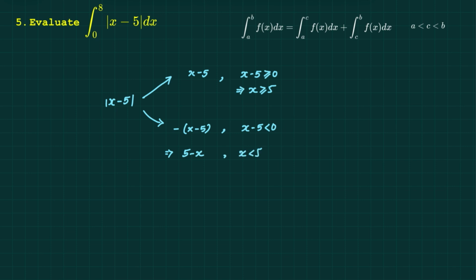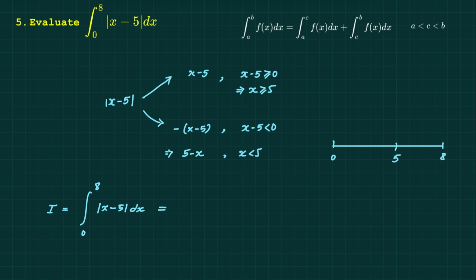Now since we have separated this modulus function into two parts and the breakpoint is 5 here, the integral I, that is from 0 to 8 modulus of x minus 5 dx, can be evaluated as follows. Since we have to integrate from 0 to 8, if you see in a number line, this point is 0 and this point is 8, so here we will put our breakpoint, that is 5.